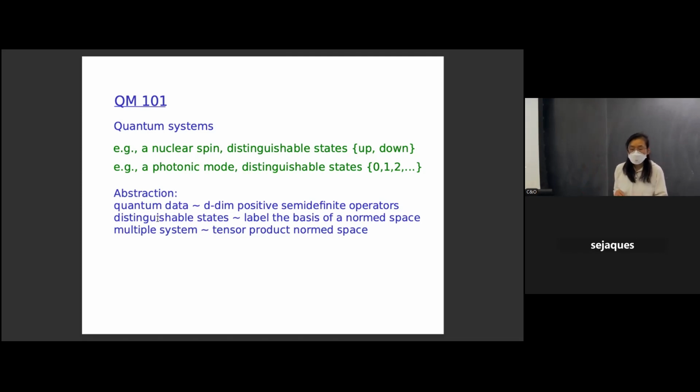So if the quantum system has D distinguishable states, we associate to this space a D-dimensional Hilbert space. When we have multiple systems, then we take the tensor product of those Hilbert spaces, so the dimensions multiply.